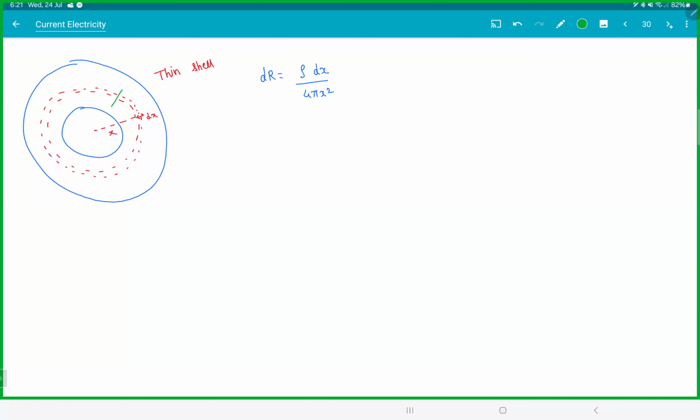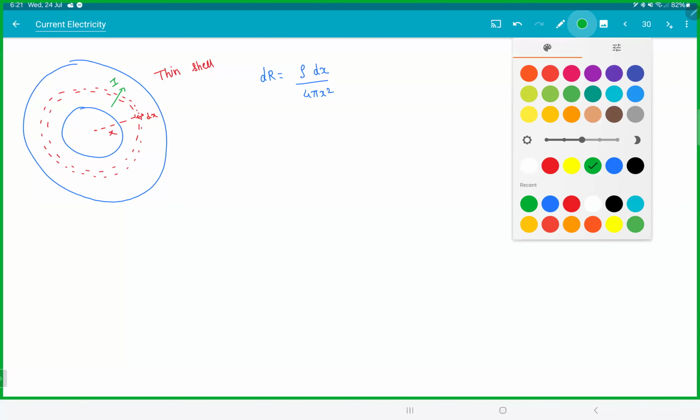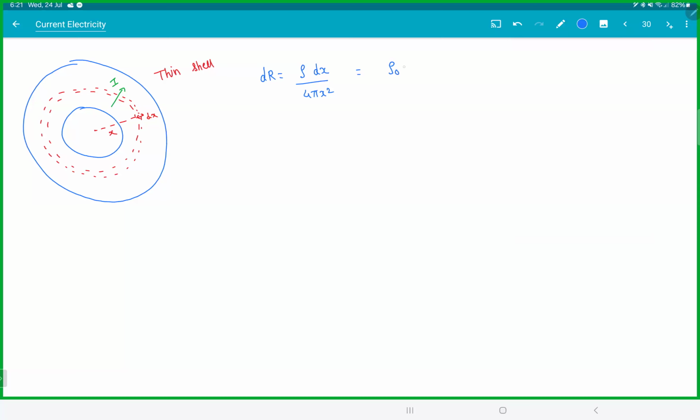Current is flowing radially. What is area? Area perpendicular to current flow, which is the surface area. So this is rho naught x dx by 4 pi x square, which is rho naught by 4 pi dx by x. Integrate this. So R equivalent would be rho naught by 4 pi integral dx by x from a to 2a. This would be rho naught by 4 pi ln 2.